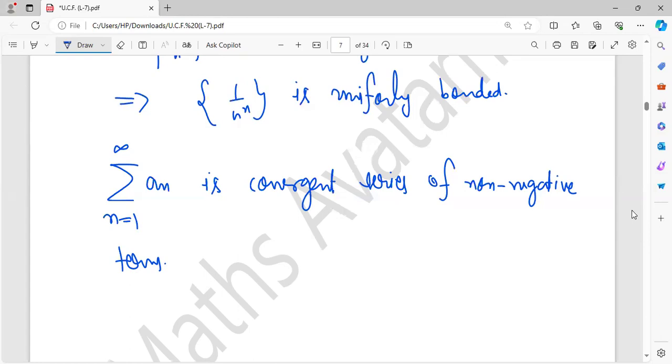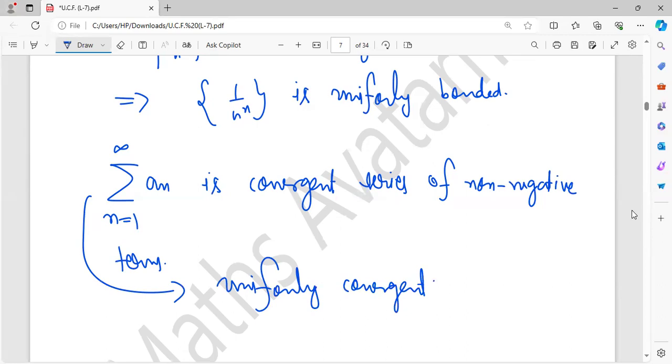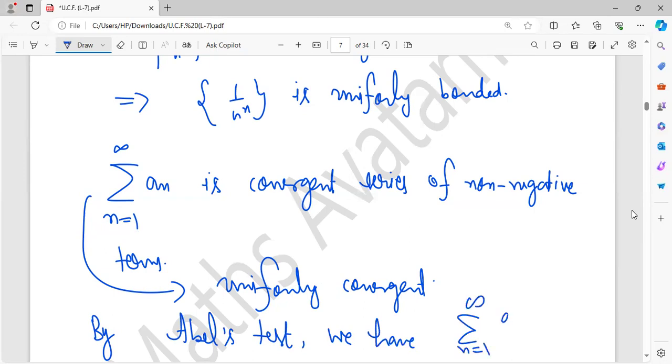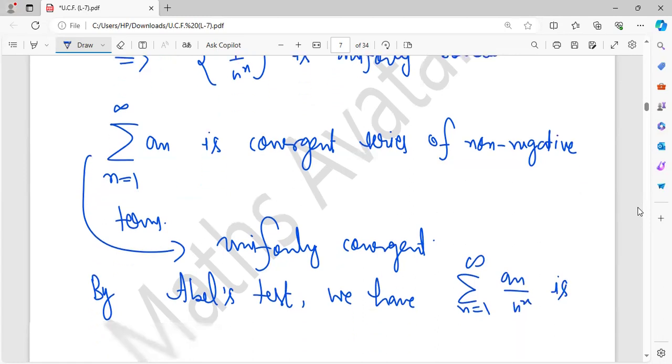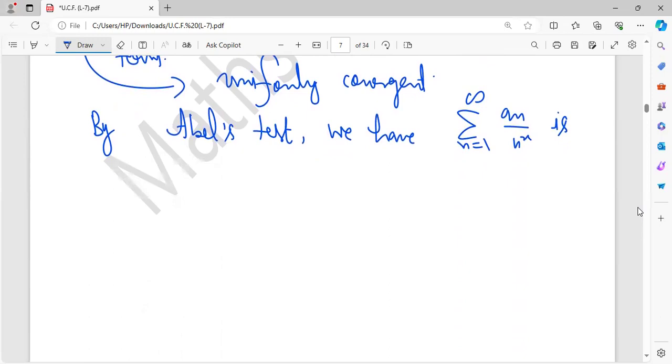So by Abel's test, we have summation n goes from 1 to infinity a_n to the power x is uniformly convergent on the closed interval 0 to infinity.